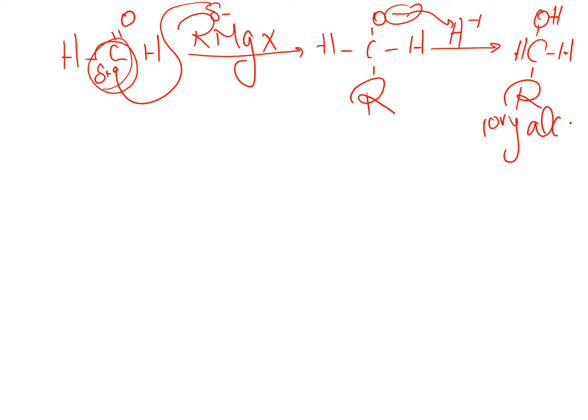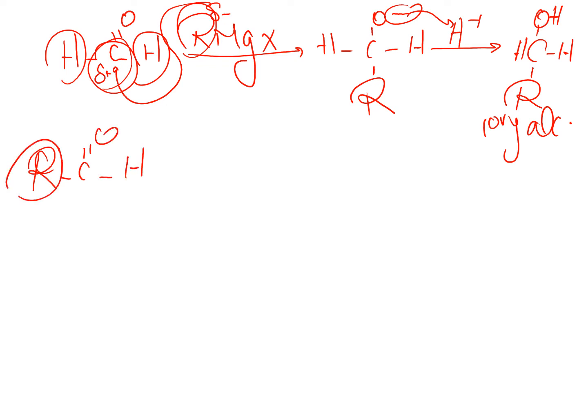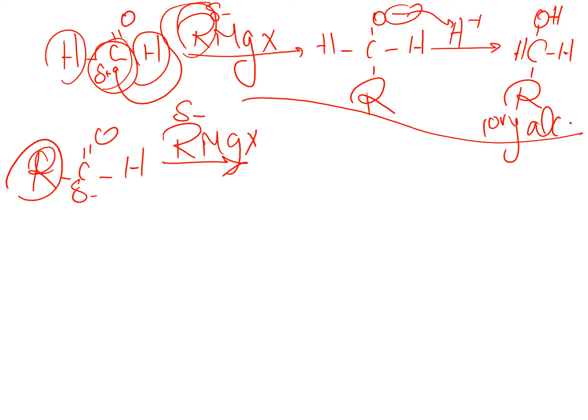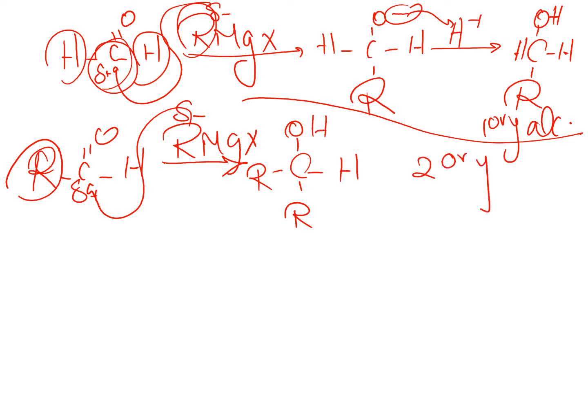Since your aldehydic group was attached to two hydrogens, it will keep the two hydrogens and only one R will be introduced from your Grignard. However, if you use any other aldehyde, you already have an R attached to the carbonyl, and using your Grignard, you will add another R. So now your carbonyl carbon will be attached to two carbons and the OH, so this is a secondary alcohol.